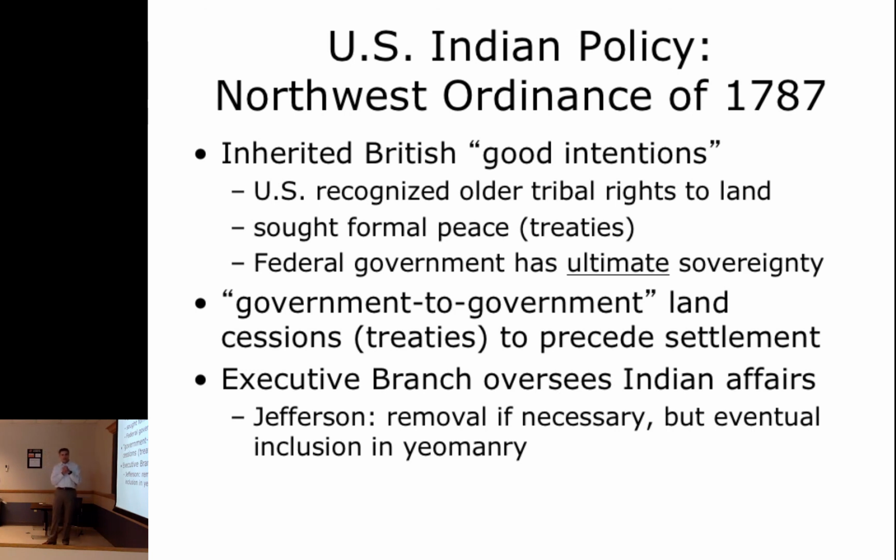So the federal government is established in the Constitution, in 3 different sections of the Constitution, plus the Northwest Ordinance, as having ultimate sovereignty over Indian tribes, but it does recognize them as individual sovereigns. And any legitimate settlement would have to be preceded by legal land cessions through sovereign treaties.